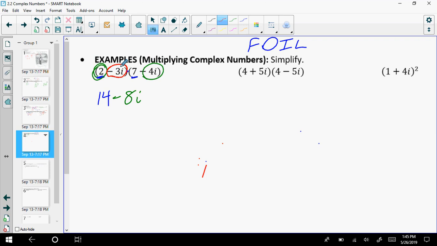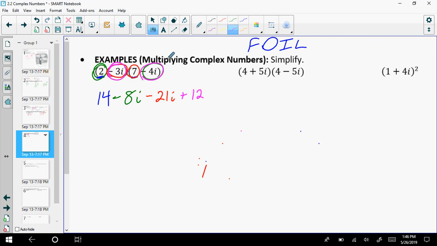Now let's do inner. Negative 3i times 7, negative 21i. And finally, last times last. Negative 3i times negative 4i would be a positive 12.